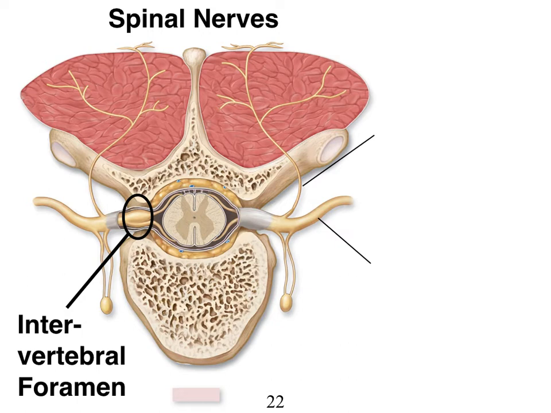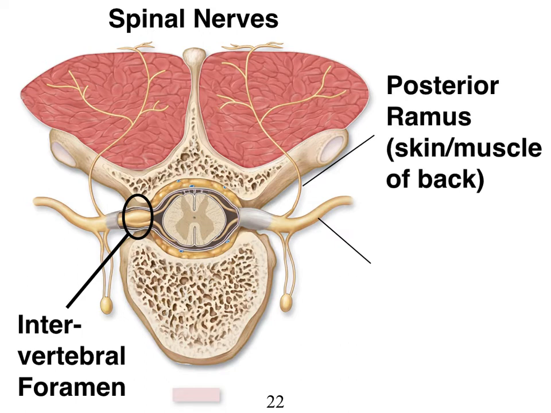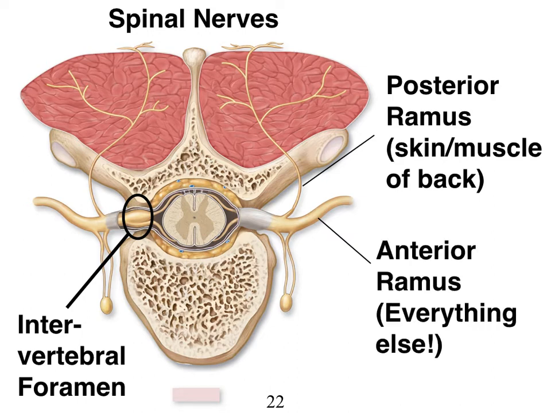Then each spinal nerve breaks off into two ends to either serve the back muscles and skin in the case of the posterior ramus, or basically everything else on the anterior, like the tissues, organs, and skin, through the anterior ramus.